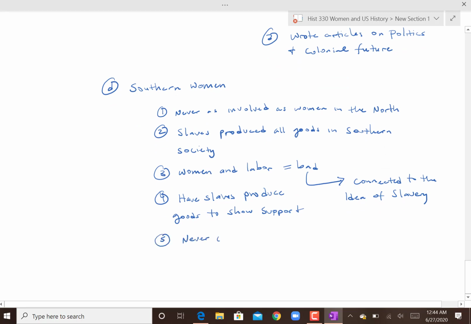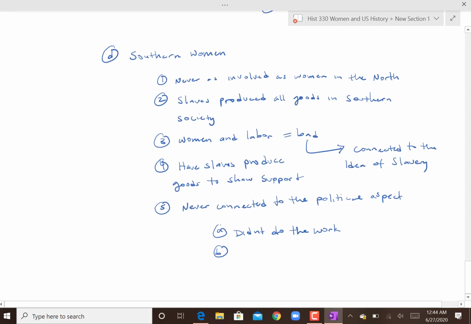They never connected to the political aspect. And there's a couple reasons for that. One, of course, was because they didn't do the work, so you didn't get that spirit of that you were doing something important. The other thing is that the South was even more patriarchal than the North.